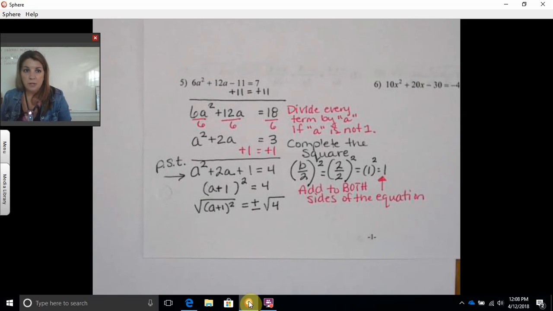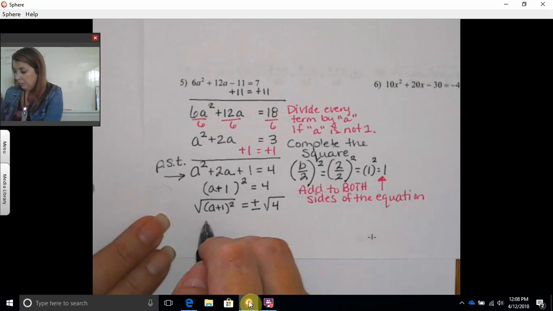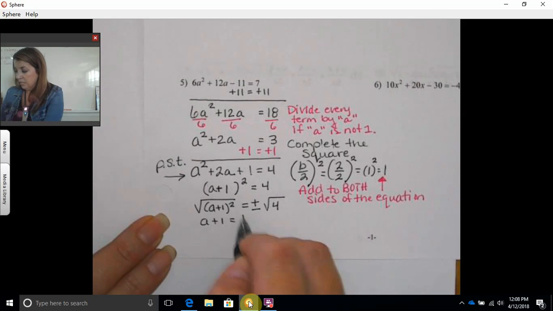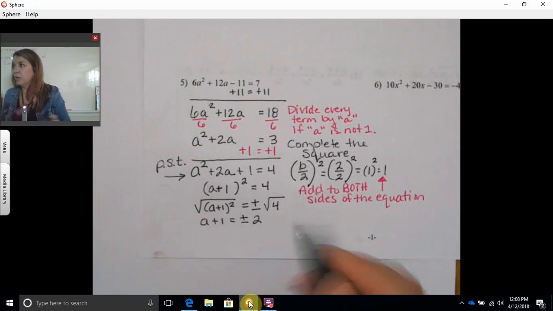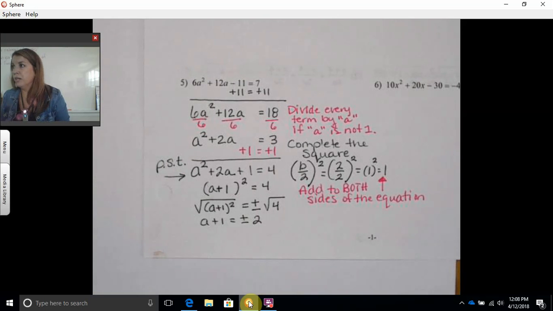What's the square root of a plus 1 quantity squared? A plus 1 equals positive or negative. What's the square root of 4? 2. If it's not a perfect square, put it in your calculator and round the decimal to at least the tenths place, if not the hundredths place, okay?